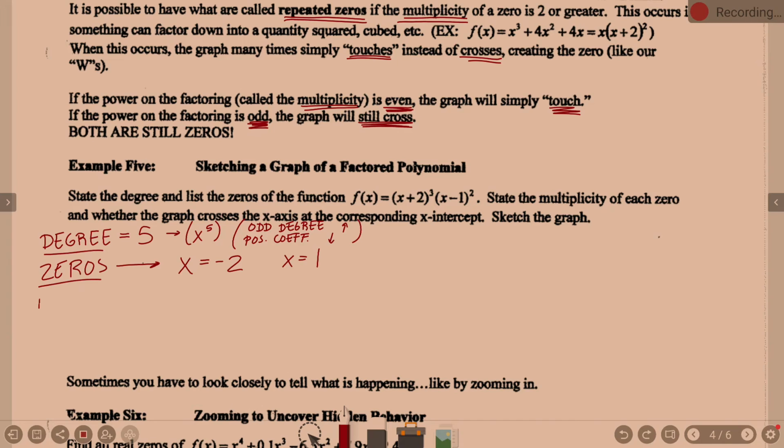Now, it wants us to talk about the multiplicity of these. Multiplicity. Well, you know when you hear me do that, that's me having to spell it out in my head as I go. Okay, so on the zero x equals negative 2, what is the multiplicity of that?